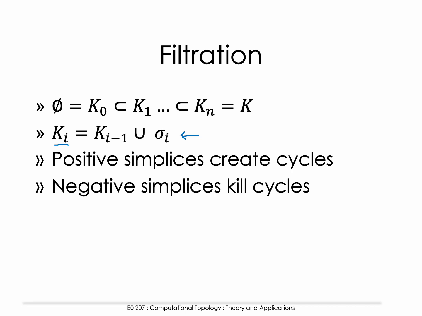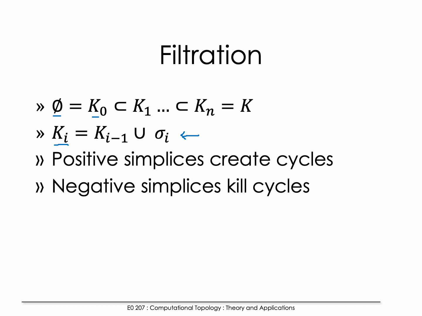So this leads us to a sequence of simplicial complexes K sub I, beginning from the empty set, which is called K sub 0, and ending at K sub n, which is the simplicial complex K. All intermediate simplicial complexes are obtained from the previous one by the insertion of a single simplex.